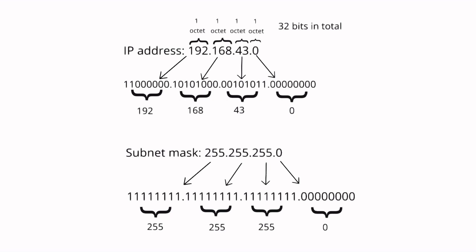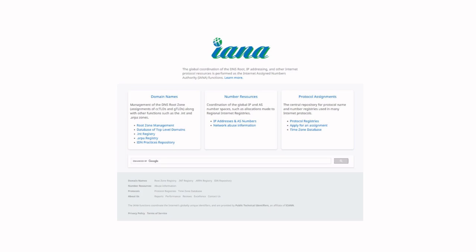That's great. But how do you and I know that 255.255.255.0 is a subnet mask for 192.168.43.0? It's because IP addressing is managed by IANA, the Internet Assigned Numbers Authority, which provides global coordination of IP addressing.